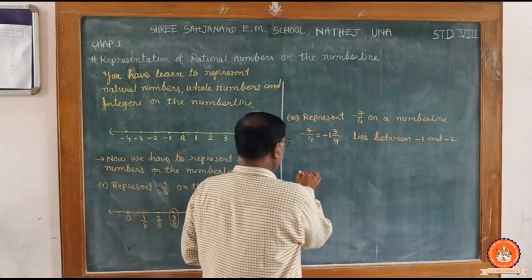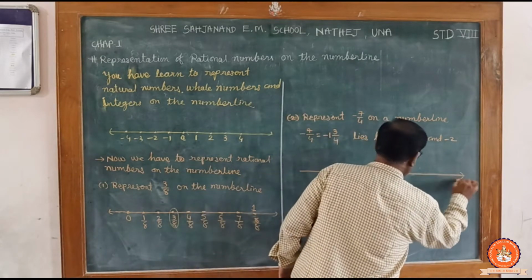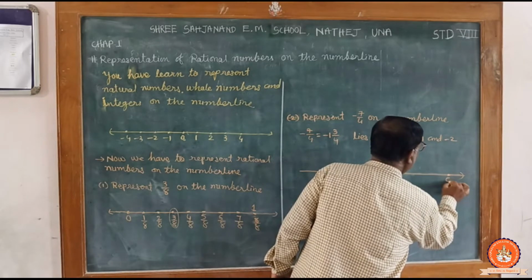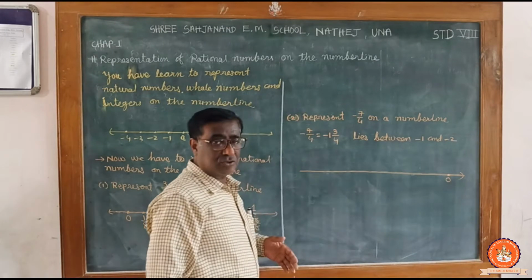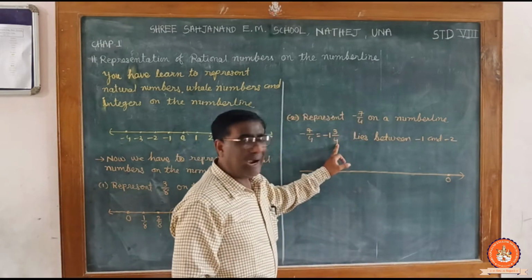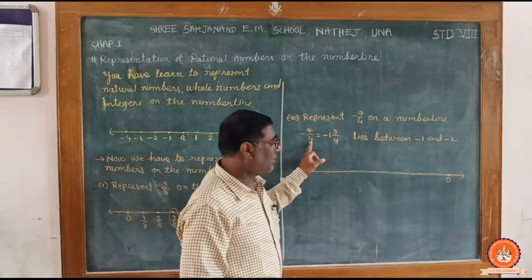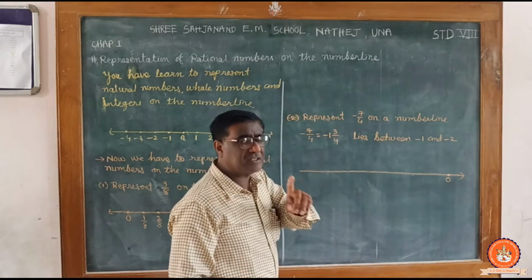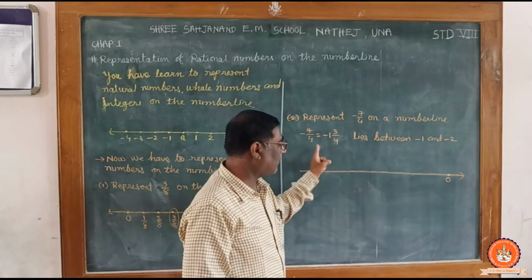Okay. So it's 0. Now going toward the left hand side, what we have to do? Divide. The denominator is 4. So divide the first unit, the distance of 1 unit, into 4 equal parts.